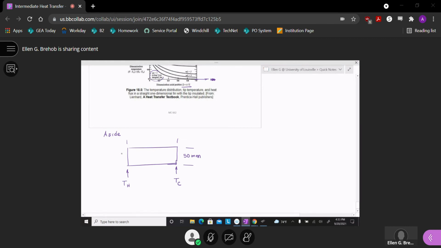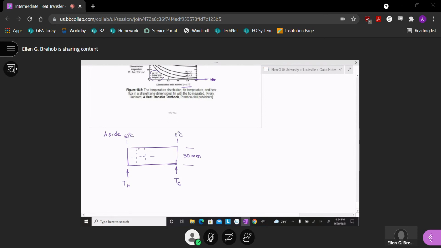So if we picture this as our fin, we're conducting heat away from this higher temperature to this cooler temperature, and there's convection going on all around this. What these people wanted to do in that research paper is neglect temperature effects and get a nearly uniform temperature at each location. So let's say this was 60 degrees C and this was maybe 0 degrees C, something like that.